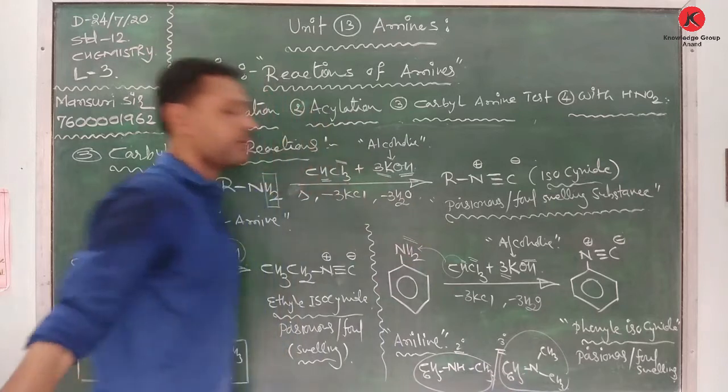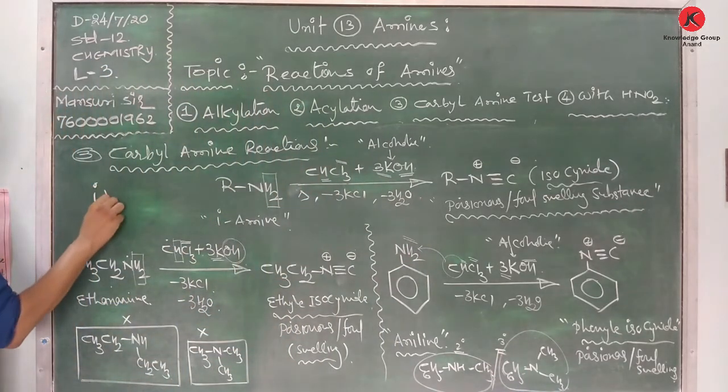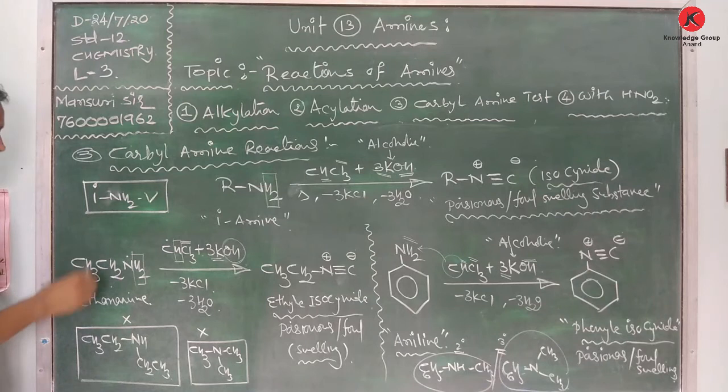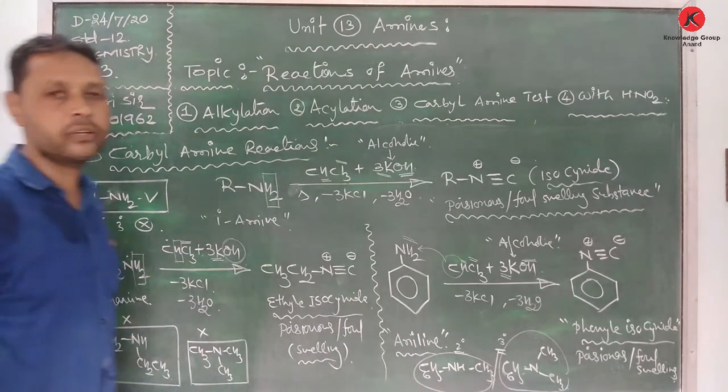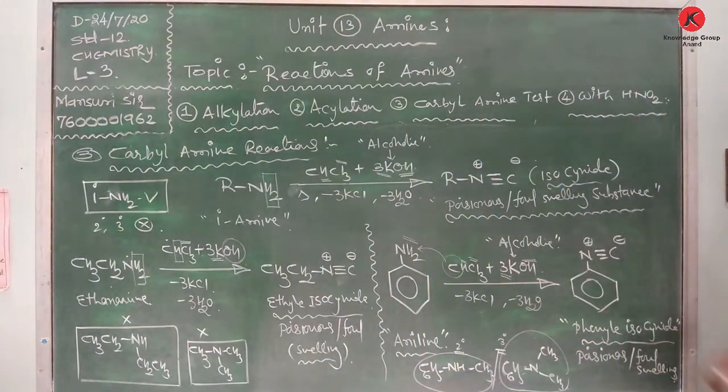So only a primary amine gives this test. 1 degree amine gives this test, but 2 degree amine and 3 degree amine do not give this test. So here is the reaction we discussed repeatedly.